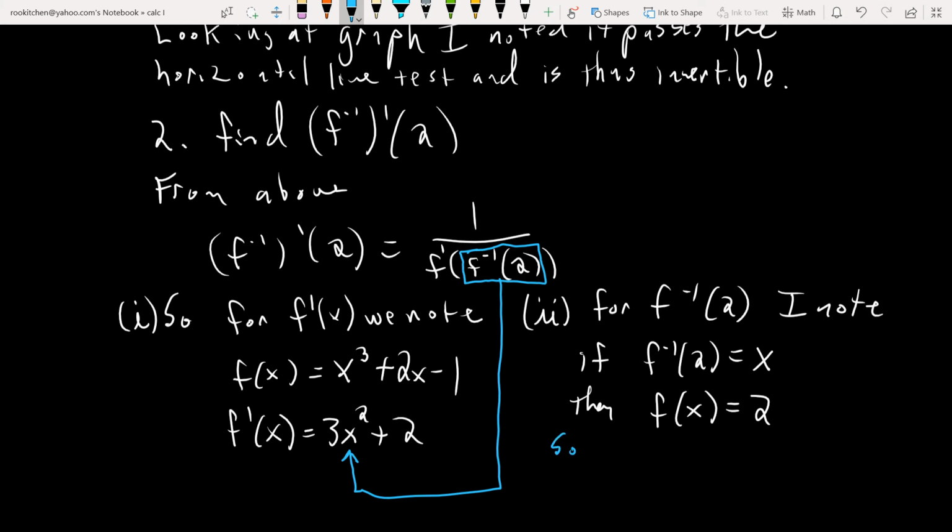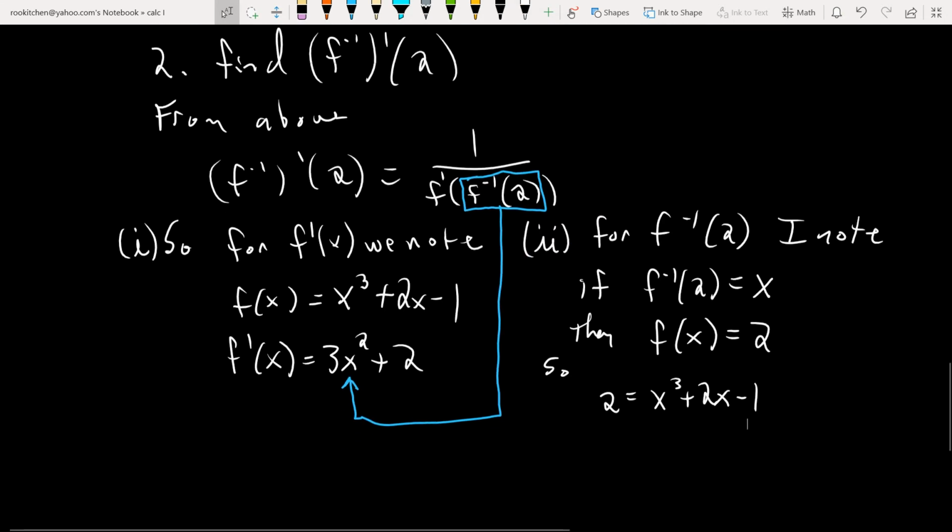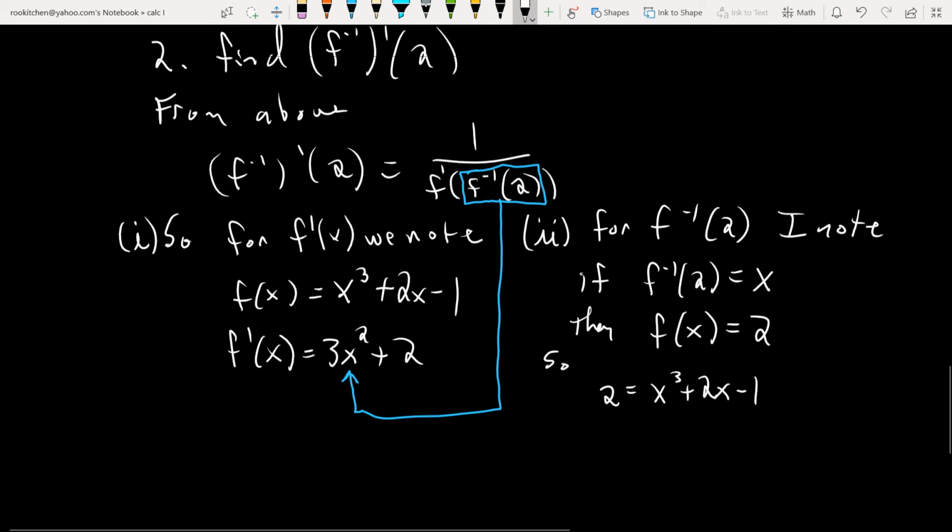So what is the equation I'm going to solve? You just plug 2 in for f of x into the equation for f of x. So 2 equals x cubed plus 2x minus 1, and then solve for x, and that will give us our answer. You could just guess. Try 1.